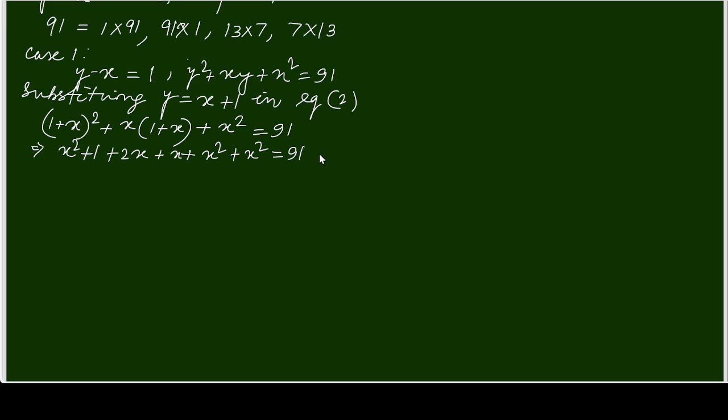On simplification, this gives us 3x squared plus 3x minus 90 equals 0, or x squared plus x minus 30 equals 0.